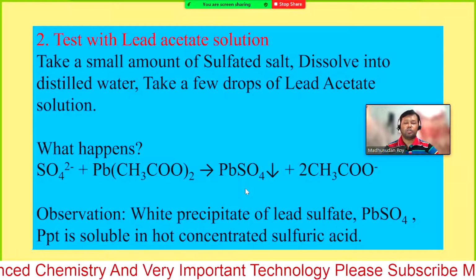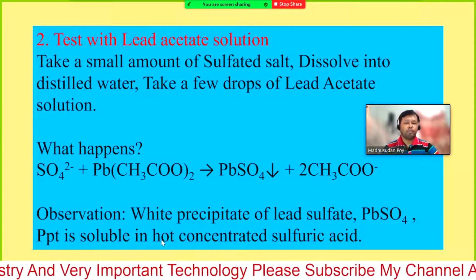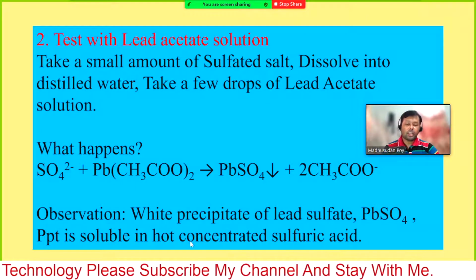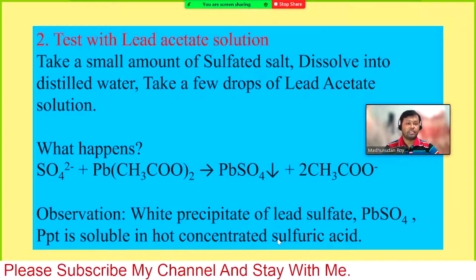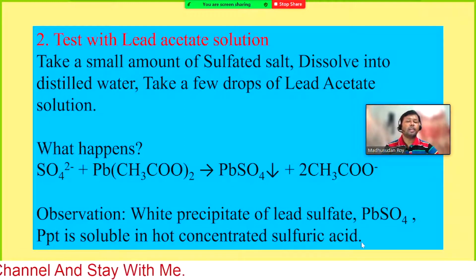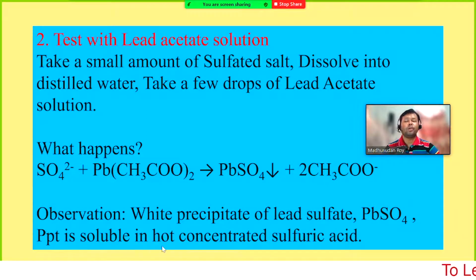I should not recommend you to do this, because hot concentrated sulfuric acid is quite vigorous and very dangerous. I have collected this from the book, however I should not recommend this.